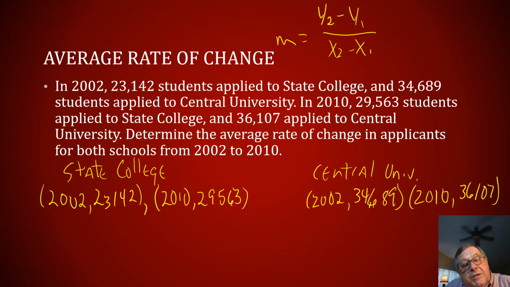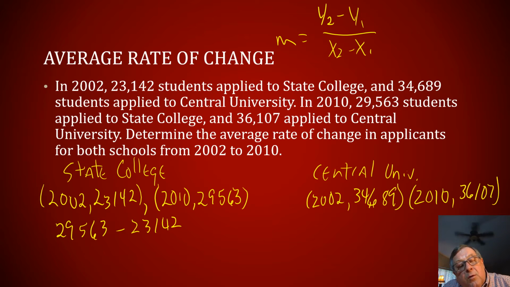So in my Y2 position for State College, I would have 29,563. And we're going to subtract from that in my Y1 position, 23,142. And we're going to be dividing that by the difference in the number of years. X2 is 2010, and X1 is 2002.